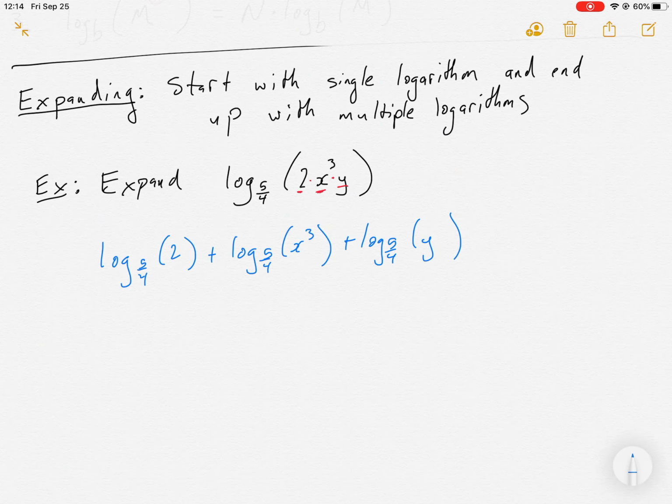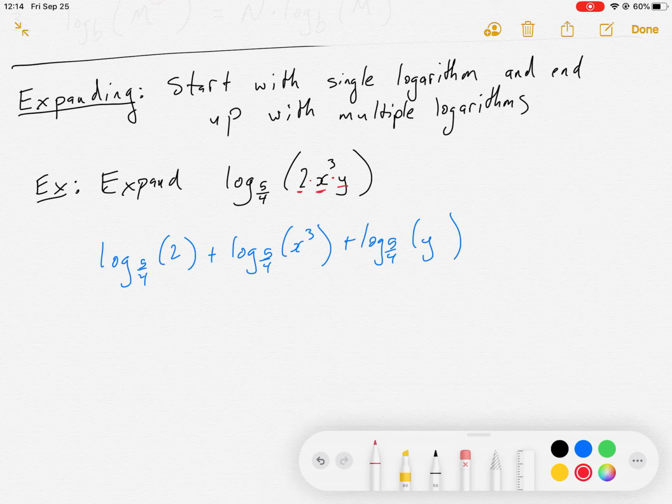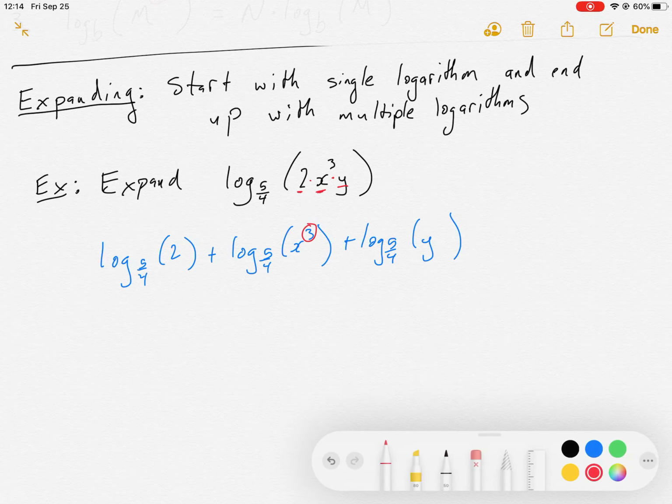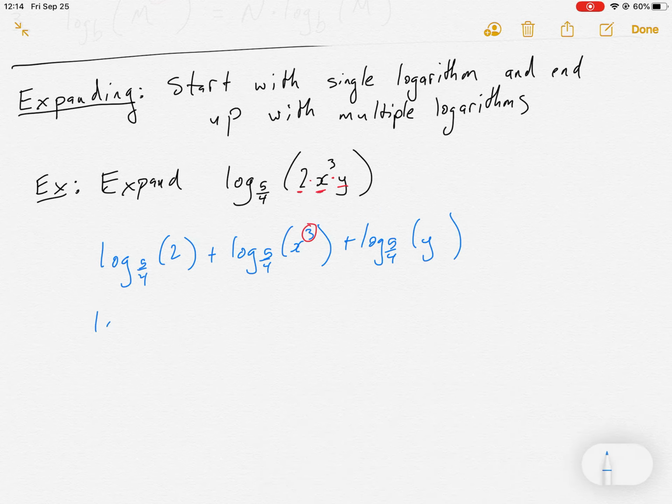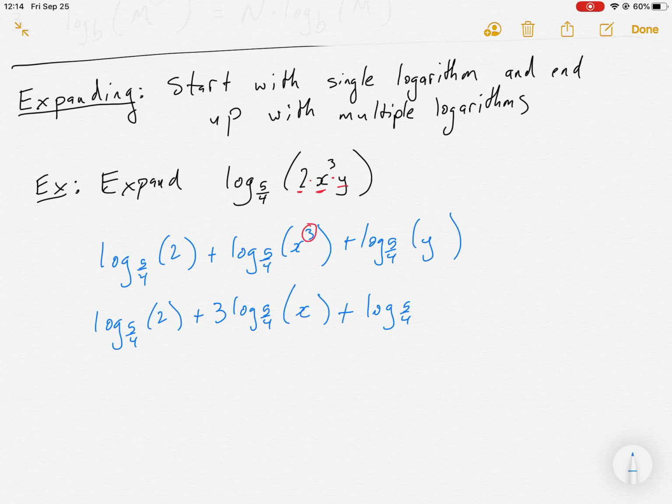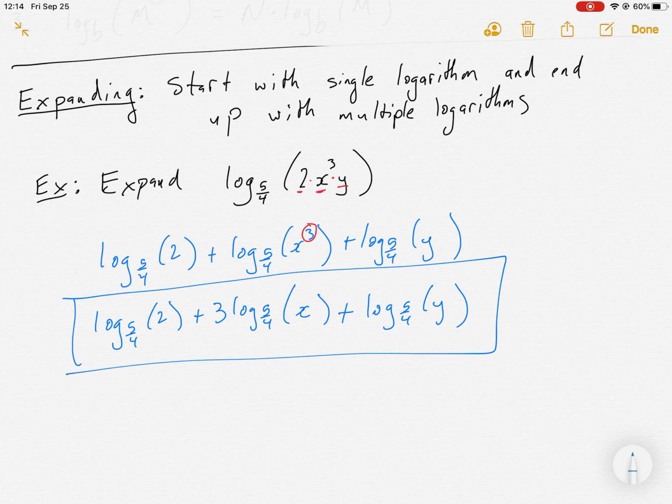The only thing we have to do is handle the exponent on the x here. So the next step I'm going to end up with is log base 5/4 of 2 plus 3 log base 5/4 of x plus log base 5/4 of y. And that would be my final answer.